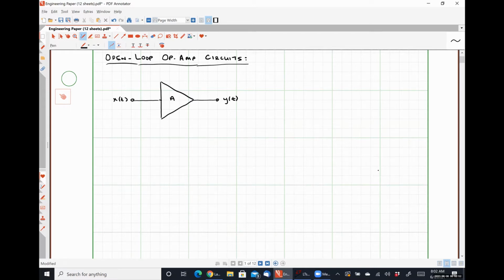All right, so I'm going to introduce a circuit that we've loosely talked about, but now we're going to formalize things. And that circuit is what's called the comparator.